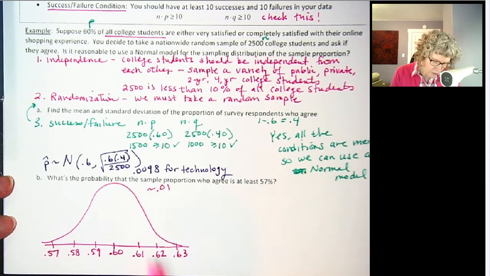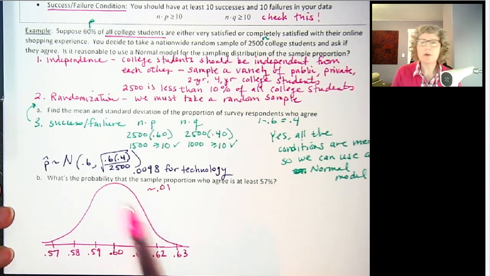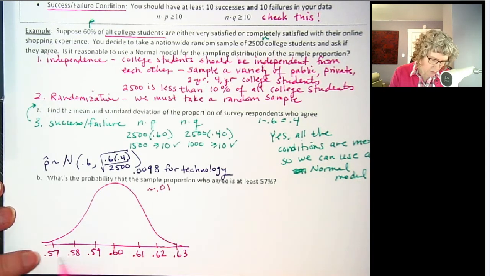Okay, so remember, all of our random samples of size 2500 would go roughly between 57% and 63% if the true proportion was 0.6 or 60%. To label this, it's hard to label concisely, but I want to get all the information in there.